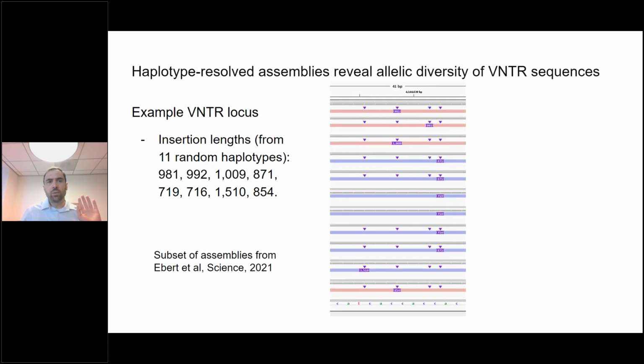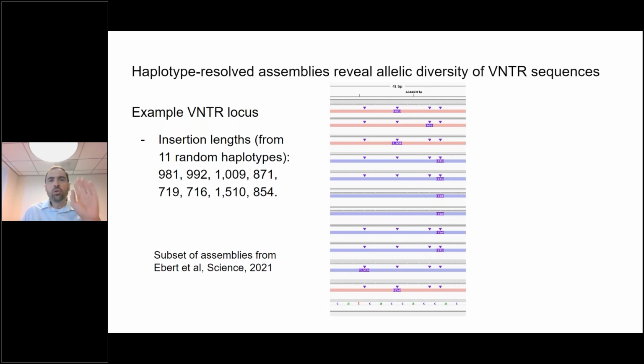If we turn back to that Science paper where we studied structural variation in 32 genomes, or 64 haplotype-resolved assemblies, it had this statistic where there was a large number of structural variants in tandem repeat sequences.